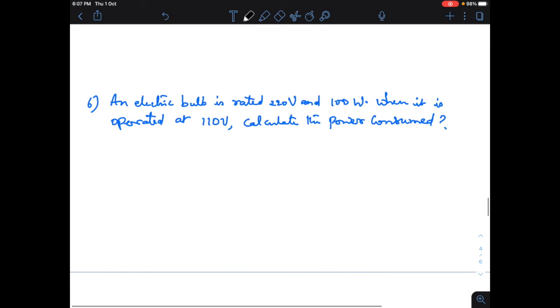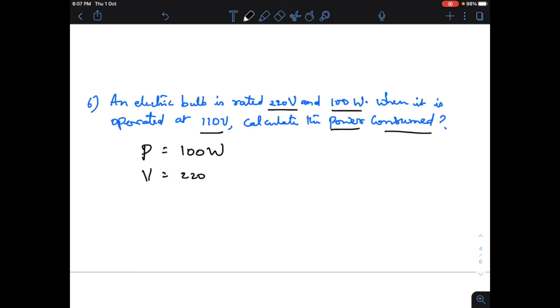Now another one. An electric bulb rated 220 volts and 100 watts. When it is operated at 110 volts, calculate the power consumed. So, what is given to us? Power P is 100 watts for the electric bulb, V is 220 volts. Let us now first calculate the resistance.